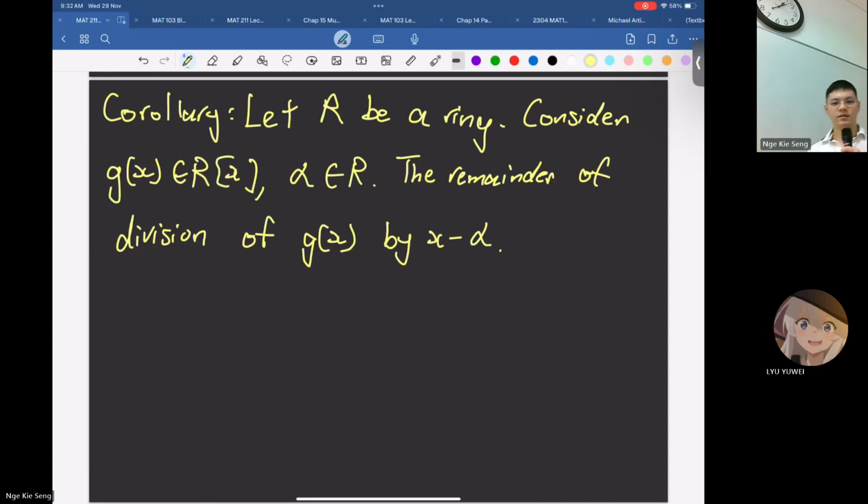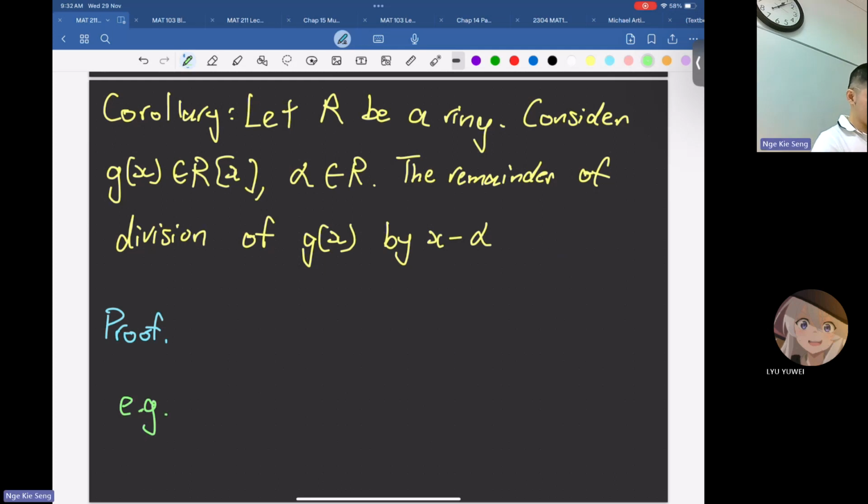I want you to think about this. I don't want to tell you the answer here. If you take a polynomial and then you divide by x minus alpha, let's say, what do you get? For example, just take an example and think about it.